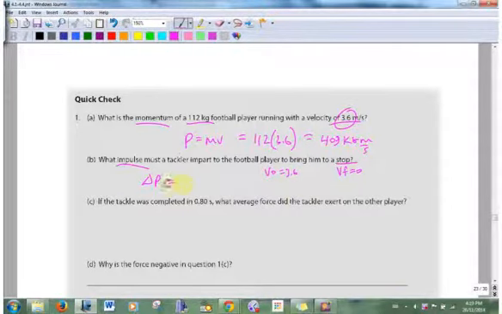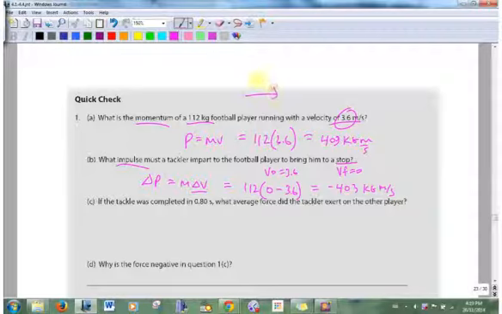So change in momentum is impulse, which is mass times change in velocity, which is 112 times (0 minus 3.6), final minus initial. That's the change in v. And what we get is exactly what we had to start with. Okay, only it's a negative because it's in the opposite direction.